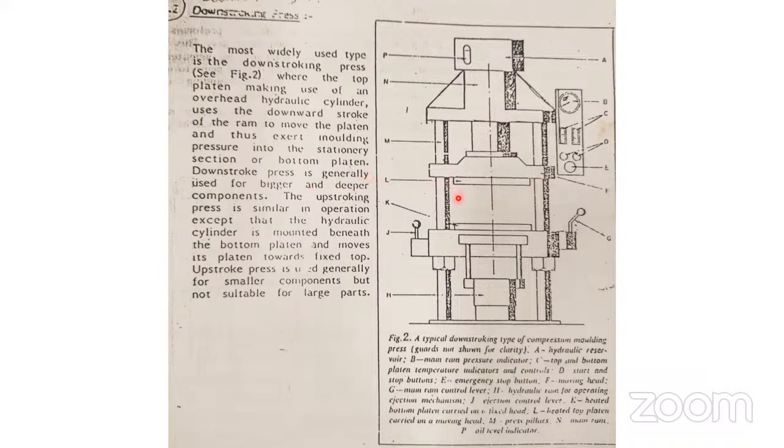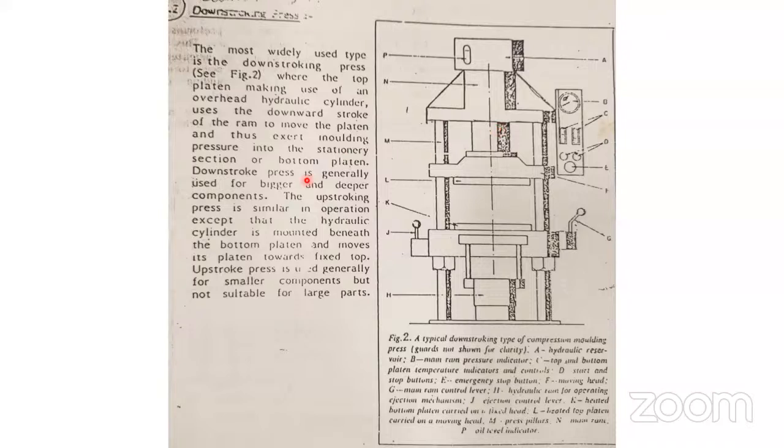The downstroke press is generally used for bigger and deeper articles. When the article is both deep and big, we use a downstroke compression press. The upstroke press is similar in operation, except that the hydraulic cylinder is mounted beneath the bottom platen and moves the platen towards the fixed top.